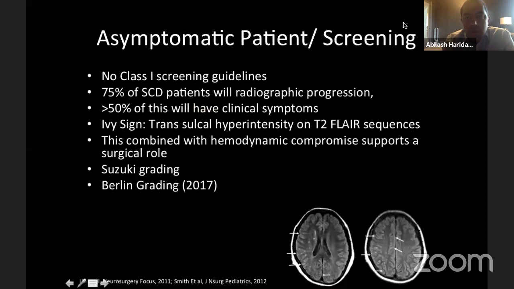The important thing about the asymptomatic patient: what do you do when someone really doesn't have a stroke, but they've been diagnosed with moyamoya? There's no real clear screening guidelines. You have to really probably watch those patients a little bit more closely and give them reassurance initially.